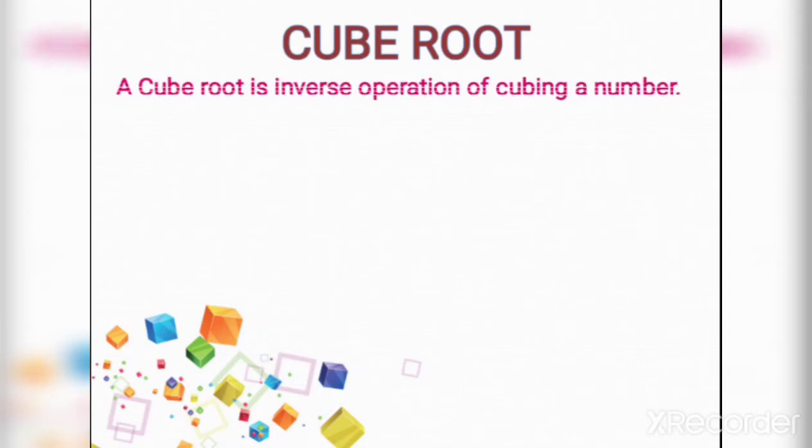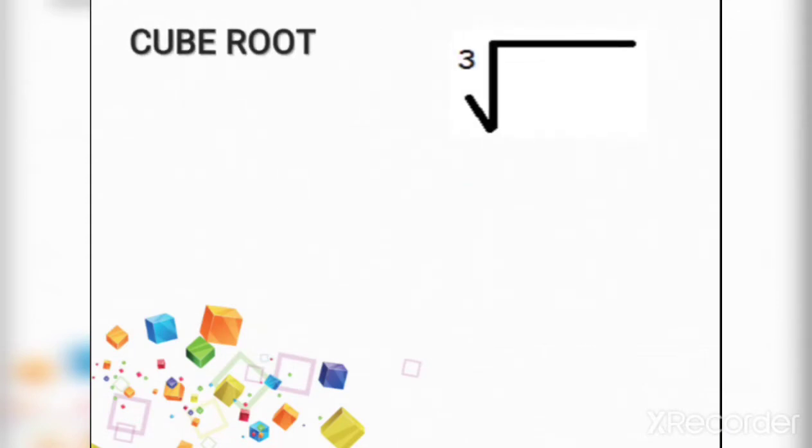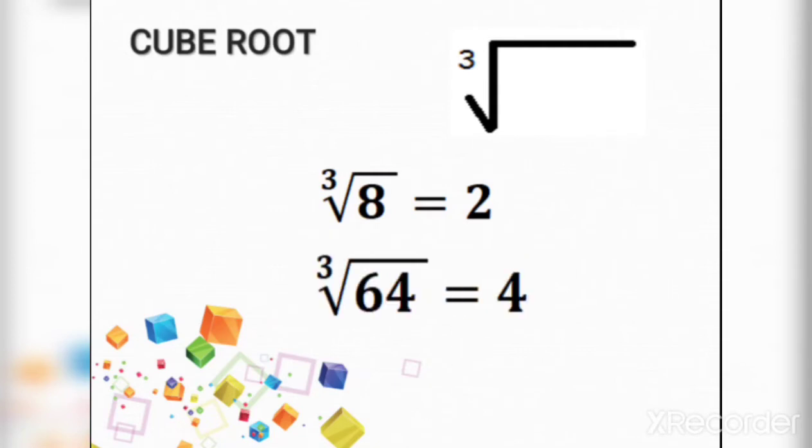Similarly, cube of 3 is equal to 27 and the cube root of 27 is equal to 3. Here we have the symbol of cube root. So, we can say cube root of 8 is equal to 2, cube root of 64 is equal to 4.